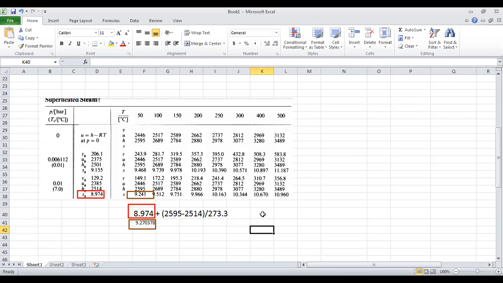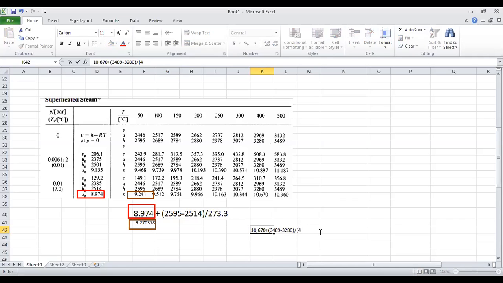Let's say 10.670 plus, see here, you follow me, 3489 minus 3280 divided by, here the temperature is 400, so I just put 400 plus 500, so this is average.